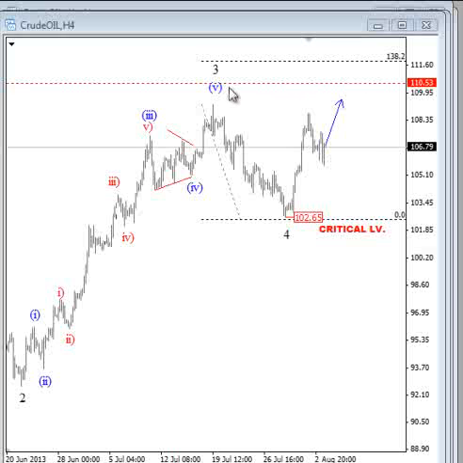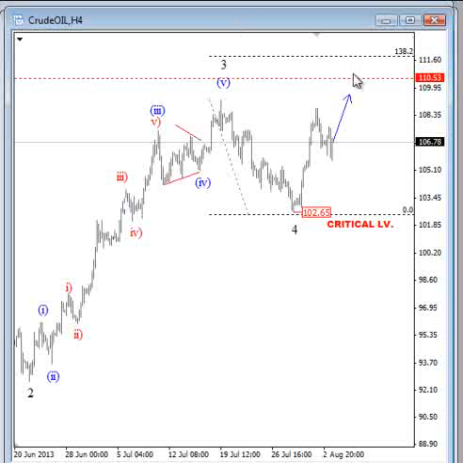But as I said, the 110.50 or 110 level around there is very important on the larger time frame charts. So if this level is taken out decisively, then okay, that's fine.